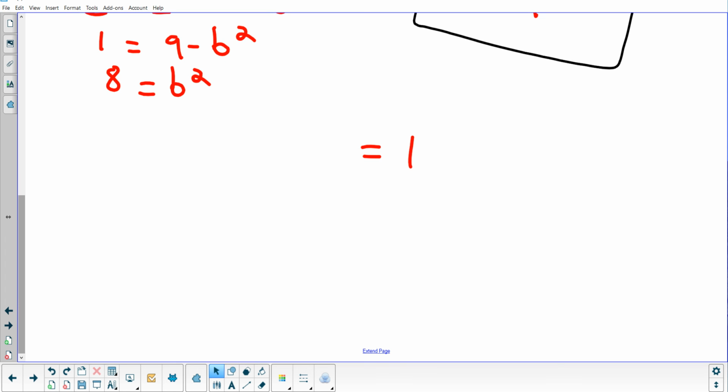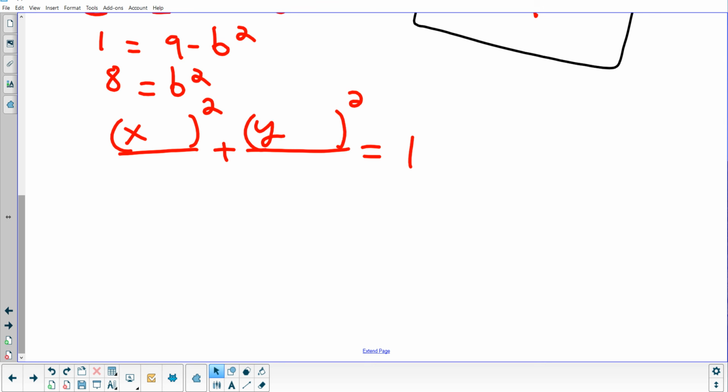Now on this side we have 2 fractions. What symbol always goes between them? Plus. Now remember, your numerator is usually x squared here and y squared there.